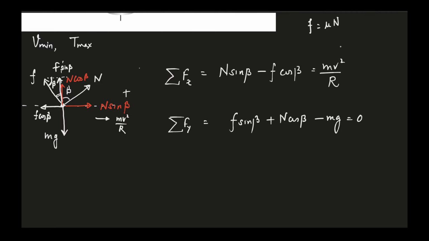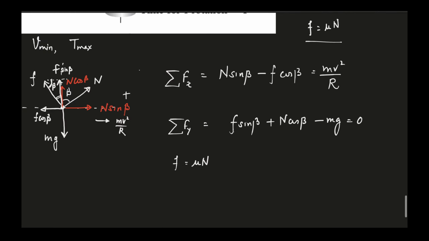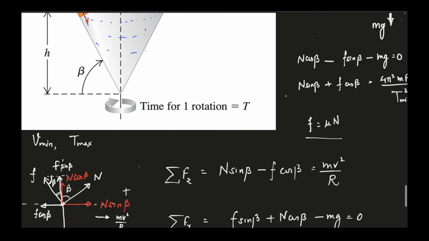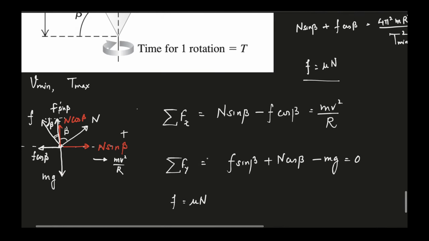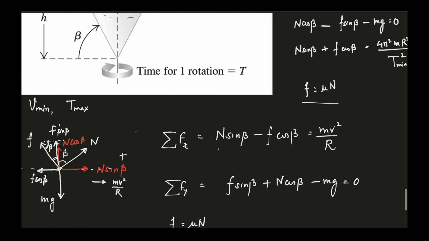Of course, F is mu naught N, that remains. So you get 5 equations, a set of 5 equations.